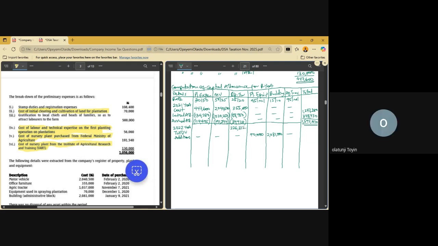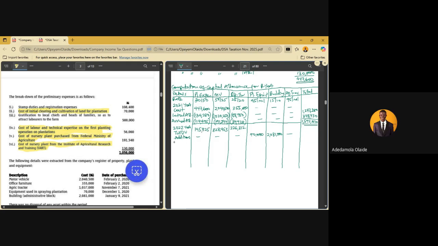Then we have the 2022. For plant expenses, tax written down value, plantation expenditure, 195,825.